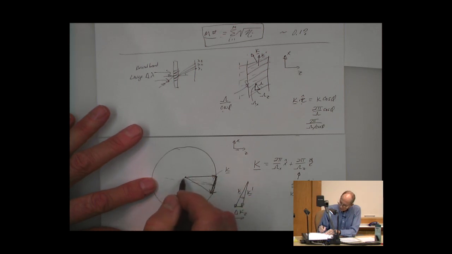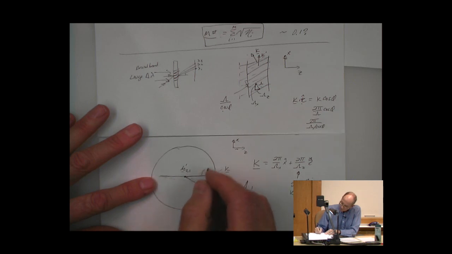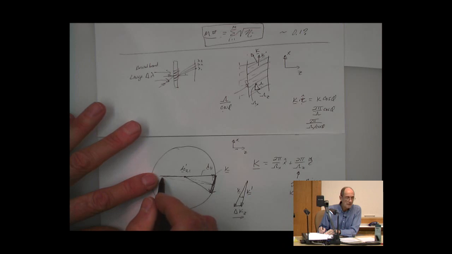To get the k vector closure, we need a longer K2,1. Here's K2,1, here's K1,1. So we're going to need a longer propagation vector in order to intersect with that bisector.